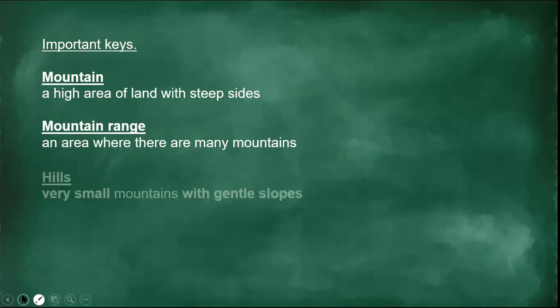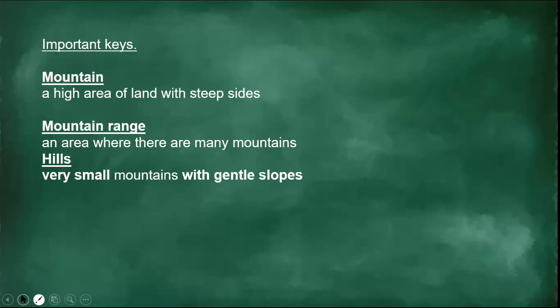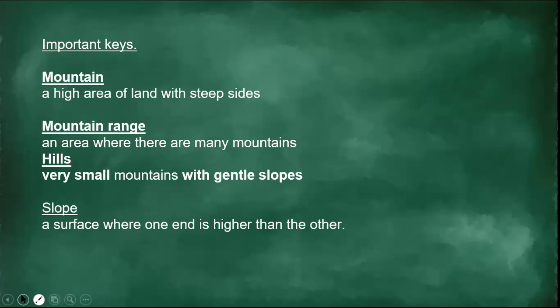A hill is a very small mountain with gentle slopes. It's usually next to the mountain range or mountains. A slope is a surface where one end is higher than the other.